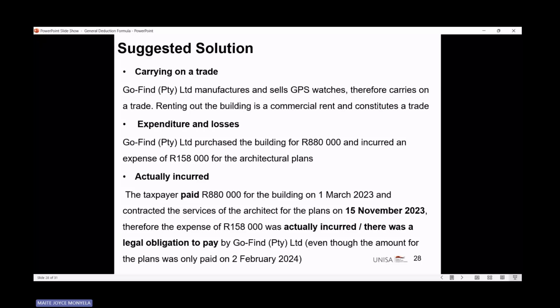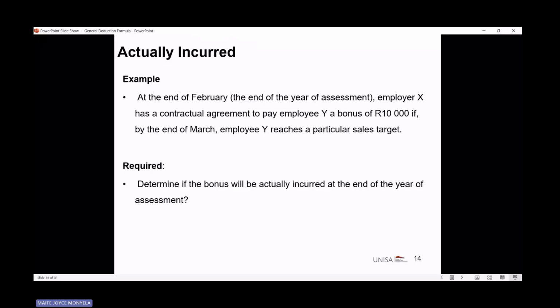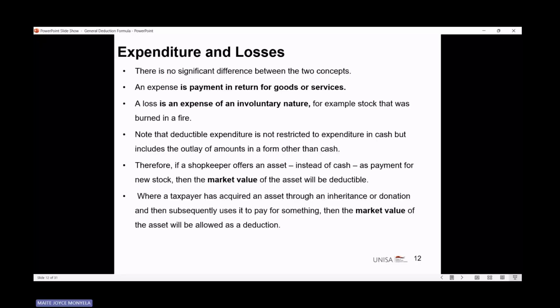We want to know if this qualifies as expense in terms of the requirement. So when we want to test expenditure and losses, let's go back to the definition in terms of section 11A. Expense is defined as a payment in return for goods and services. A loss is an expense of an involuntary nature.